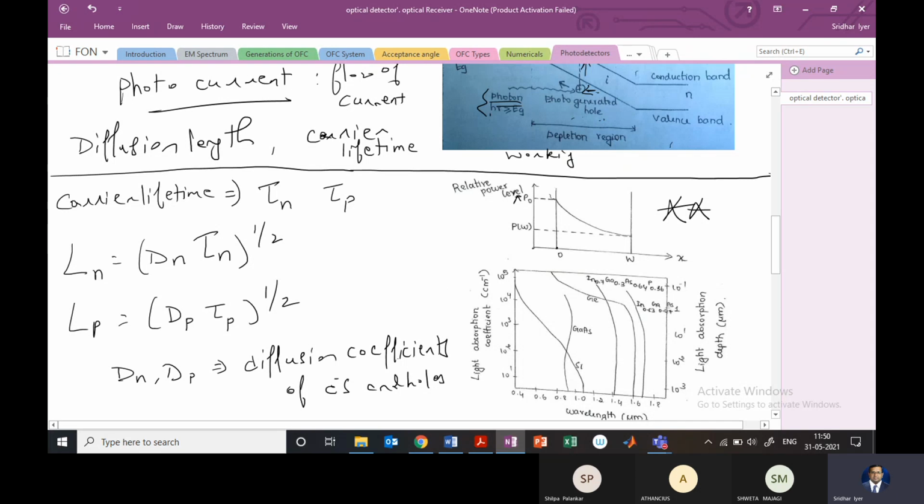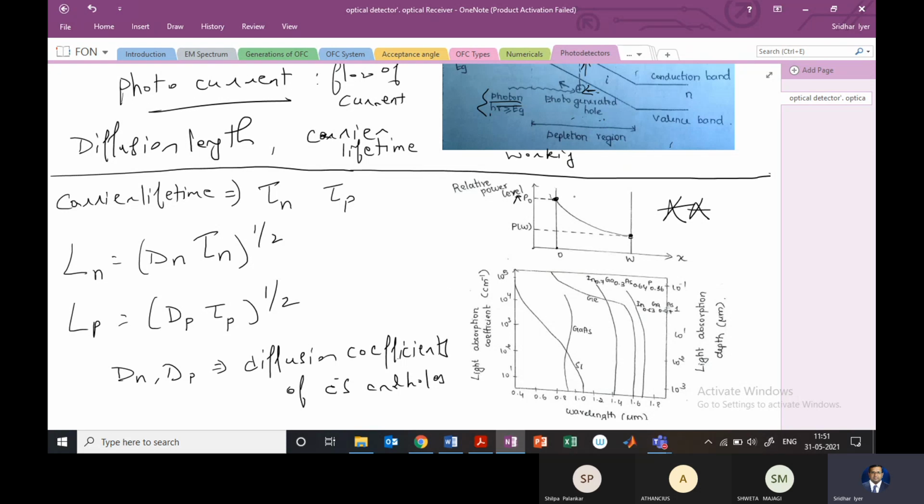As you move the distance, we reach a point w, and at that point the power has exponentially decayed. So P of w is much lesser than the initial power. That is what happens over the diffusion length: the power reduces because the electrons and holes recombine with each other, since positive and negative charges are there.